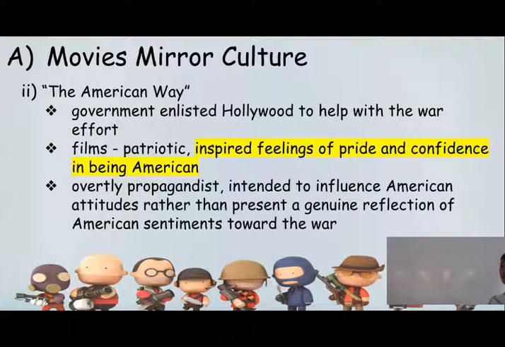Second, how movies mirror the American way. The American way is a nationalist ethos that centers on the American dream, which stresses a belief that we can achieve success, the pursuit of happiness, and individual success.